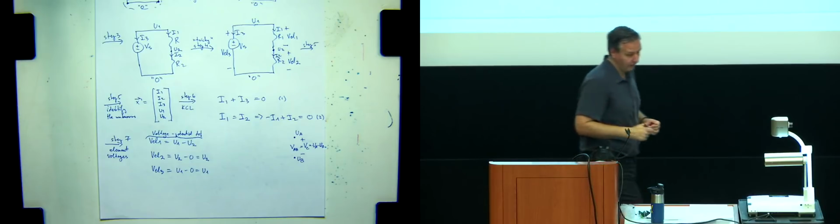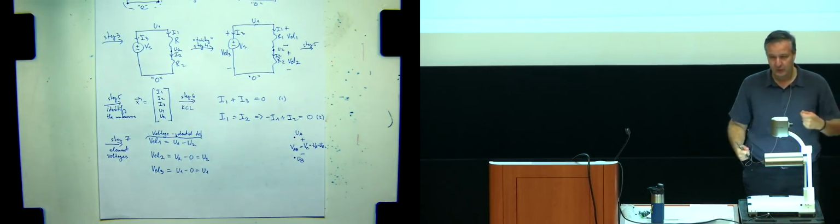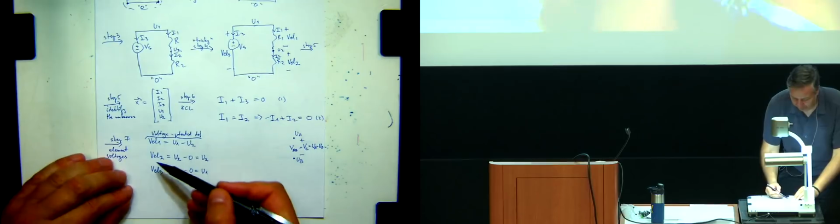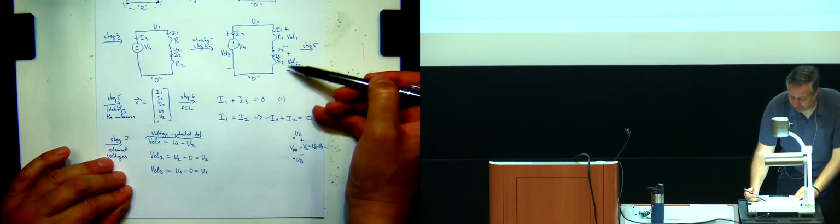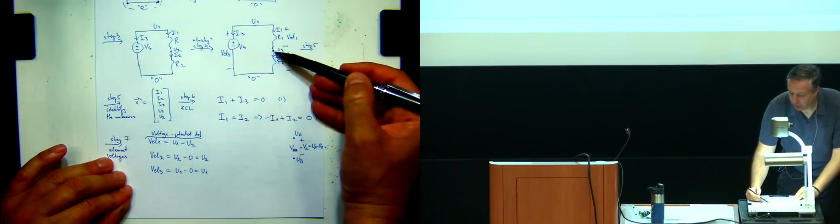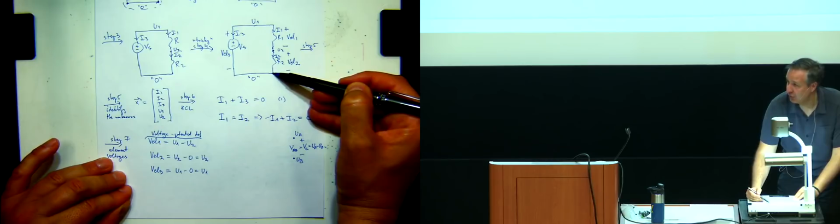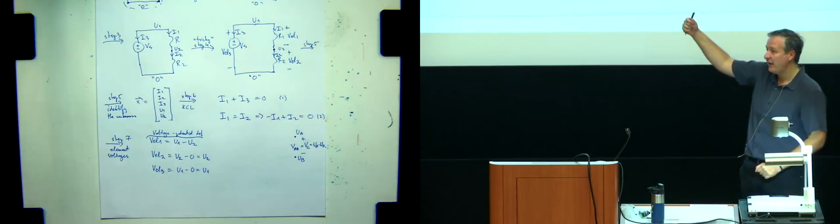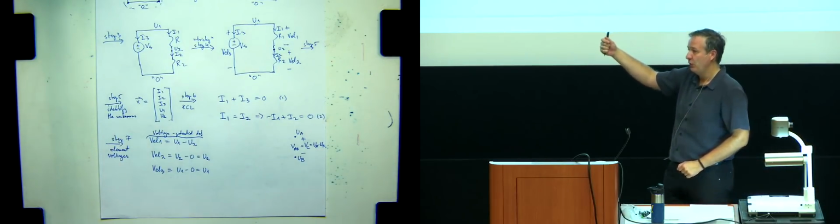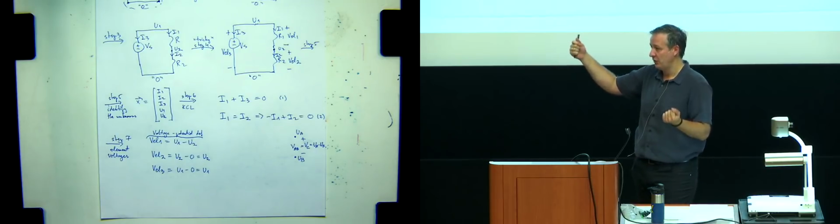The question is, how do I know which potentials to subtract? Well, let's pick V element 2. V element 2 is this element between potential 2, this node, and the reference node. So on one end of the element is potential U2, on the other end is potential 0.